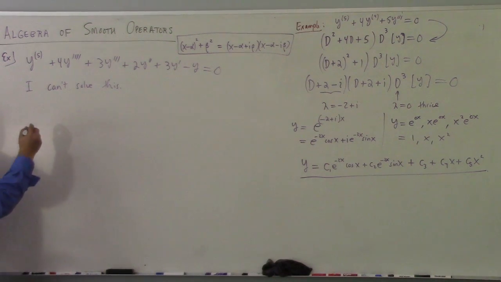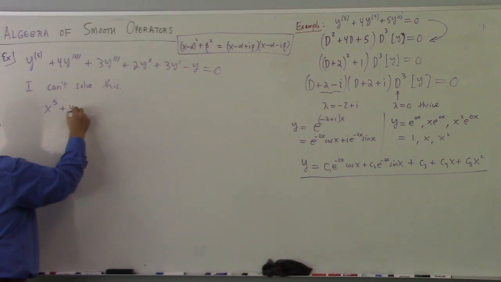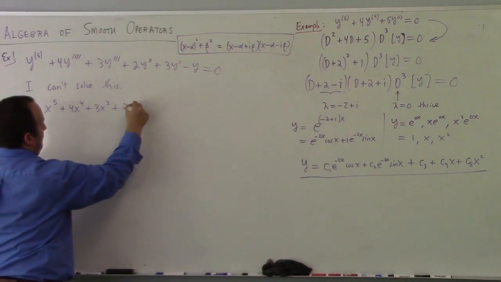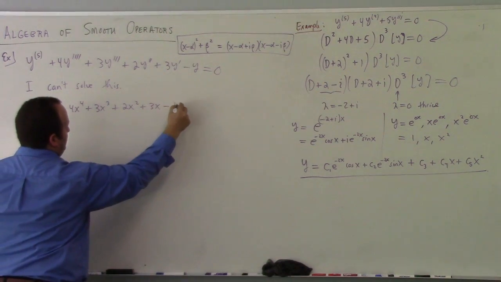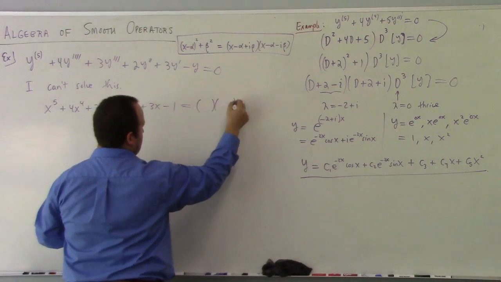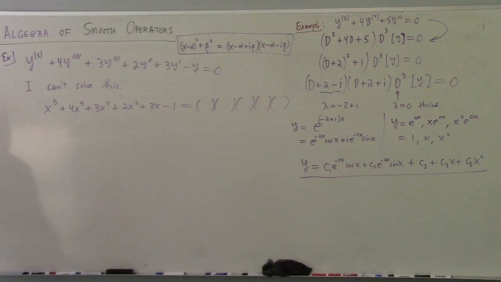It's pretty simple. It's because I don't know how to factor lambda to the fifth plus... or I'll write it in x so it's more friendly. Do you know how to factor a fifth order polynomial with ugly coefficients? Can you factor that? I personally cannot do this.